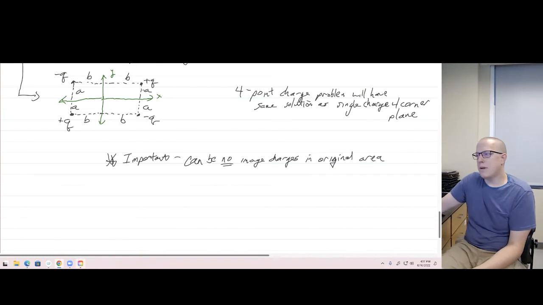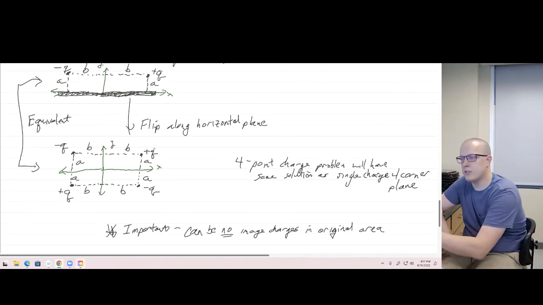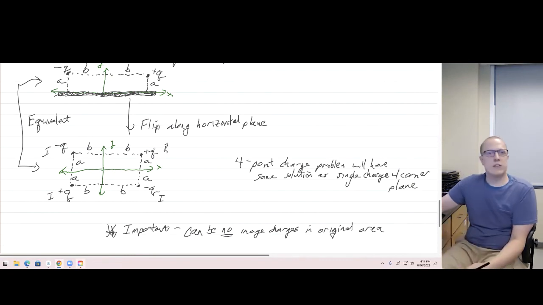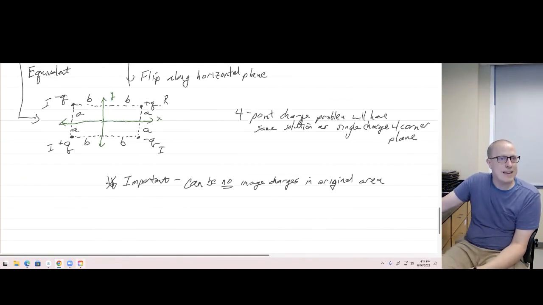Meaning I have 3 image charges, right? This is an image charge, this is an image charge, this is an image charge, this is a real charge. I can never have any image charges up here in this first quadrant.